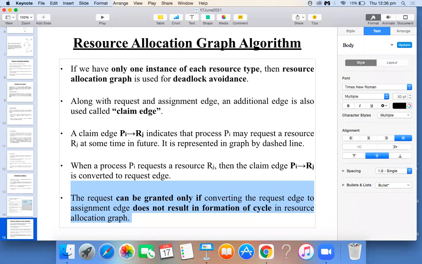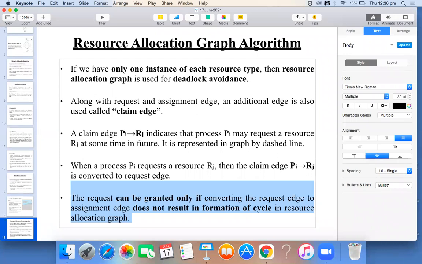Correct? So that's what the last point is saying. Whenever you are converting the request edge to an assignment edge, if it results in a cycle formation, then you should not do such assignments.